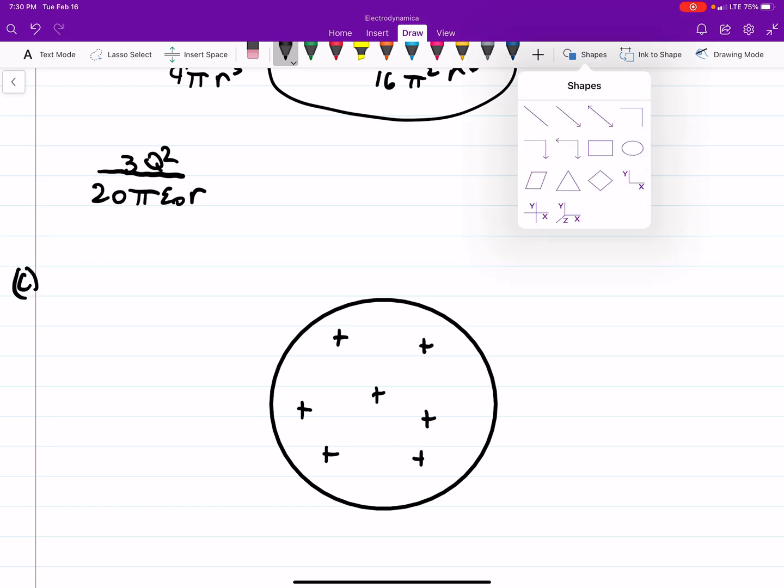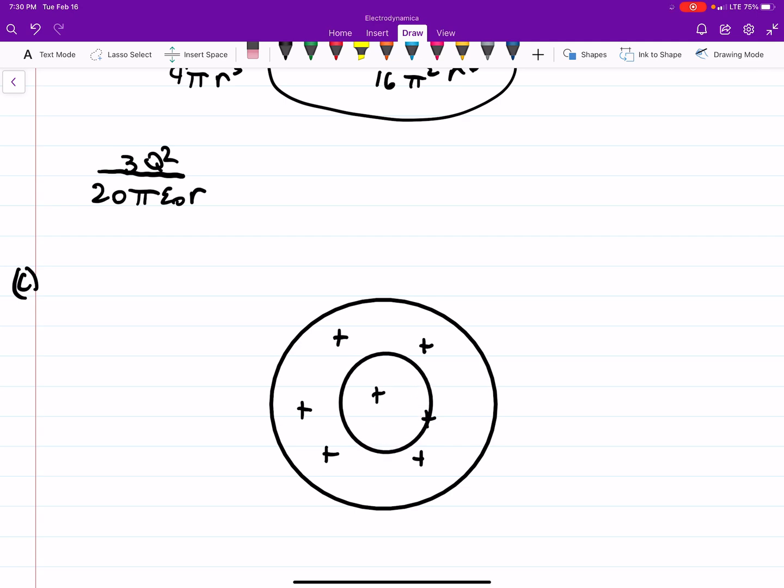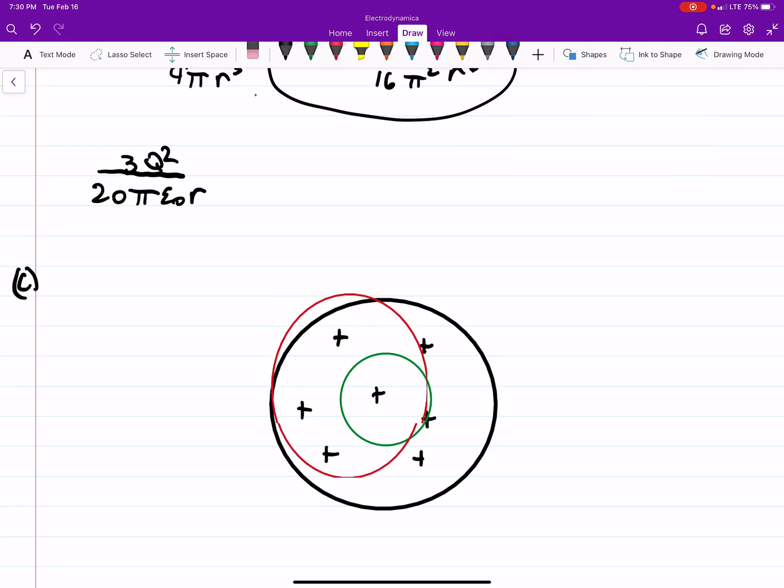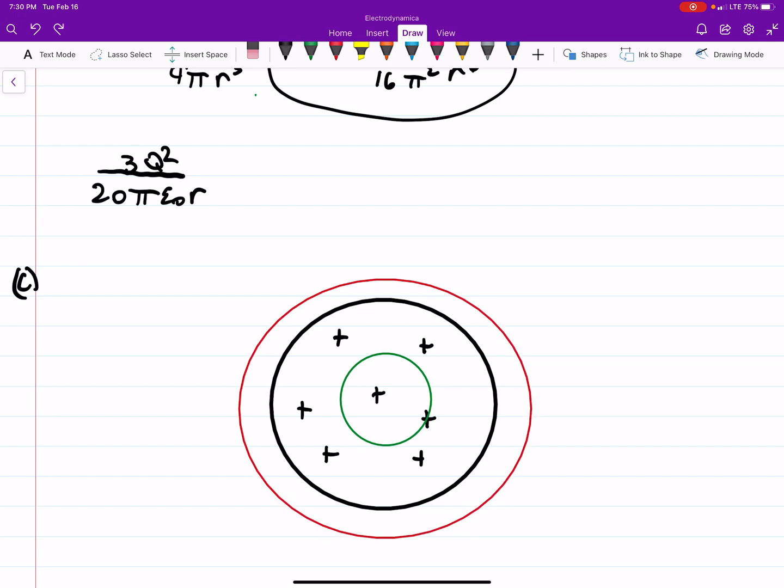And now we need 2 Gaussian surfaces. We'll let one be like this. We'll make that green. And then we'll make a red one. Let me try that again. It's a little bit better. Okay, so obviously the red one is the outside, the green is the inside.